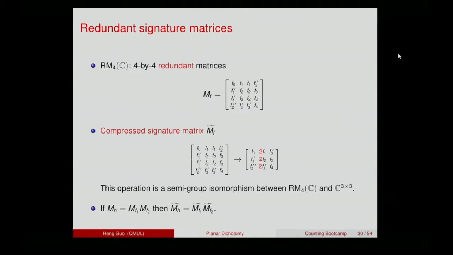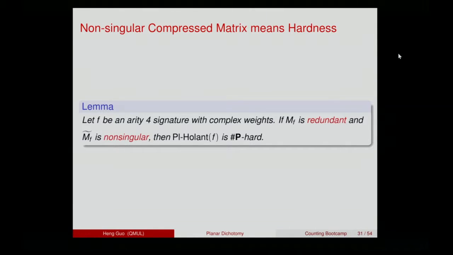So we define it this way so that if M_H is M_F1 times M_F2, then the compression also has this multiplication. Okay, now here is the lemma I would like to show. Let f be a relative function with complex weights, and suppose its matrix notation is redundant, and the compressed matrix is non-singular. Then this problem is #P-hard.